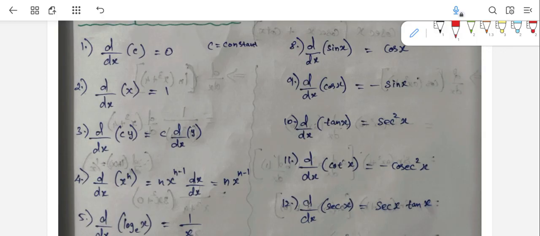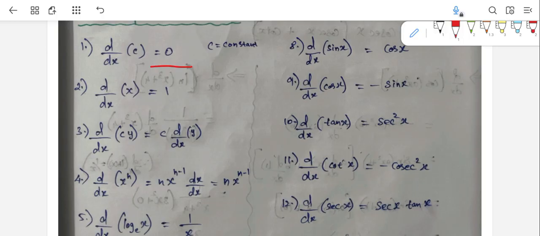So when you differentiate a constant number, constant values, even if you have an equation where they mention a and b are constants, then if you differentiate that particular a, it is also considered a constant, right? So whenever you differentiate a constant, your answer will always be 0.